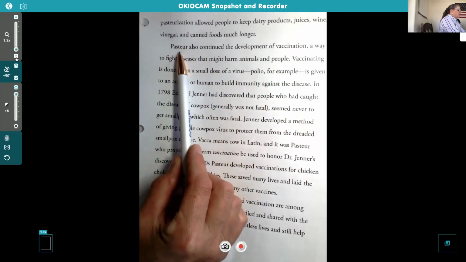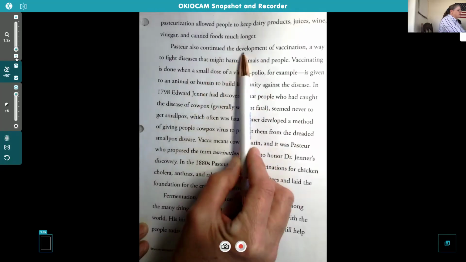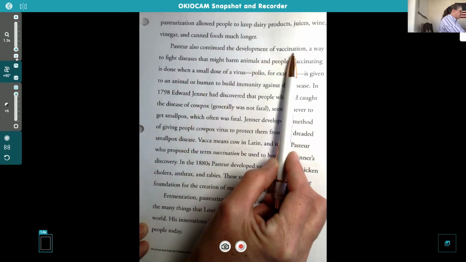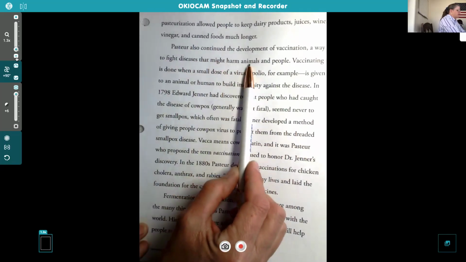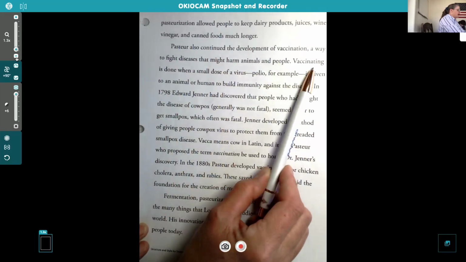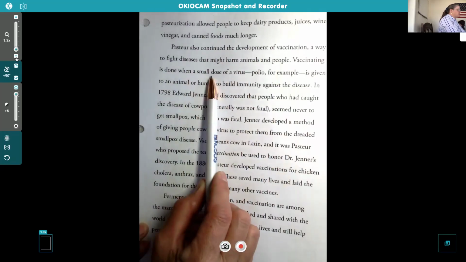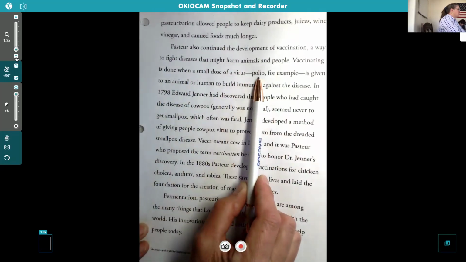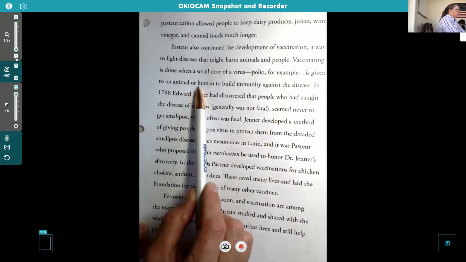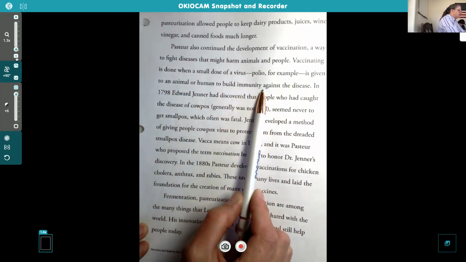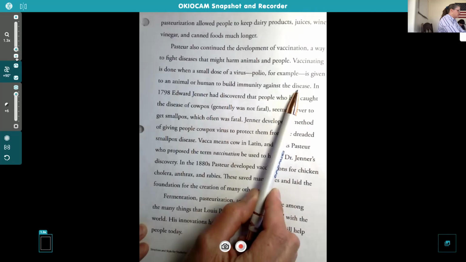81, here we are. Pasteur also contributed to the development of vaccination, a way to fight diseases that might harm animals and people. Vaccinating is done when a small dose of a virus, like polio, for example, is given to an animal or human to build immunity against the disease. That's what our body does.